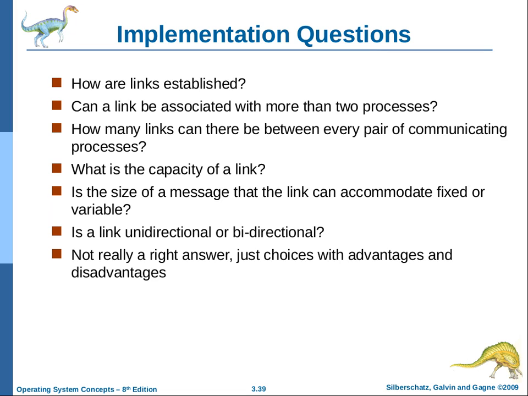Actually, is a link unidirectional or bidirectional? It has to be one of those two. No, because you can have two links, one for receive, one for send. The way you read that one, this question will determine how you answer it, because yes is actually a viable answer. Oh, but they explain it down at the bottom. They're just choices with advantages and disadvantages.